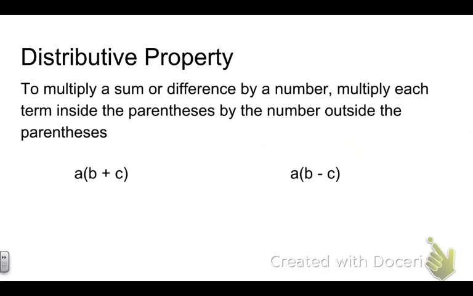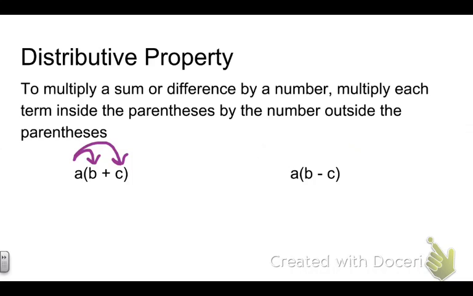All right, because we don't know what the numbers are, b and c, we can't add them. So what we need to do is take the outside term, that letter a, and multiply it by b, and multiply it by c.